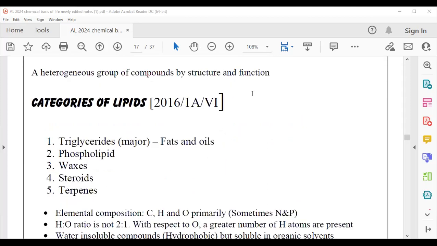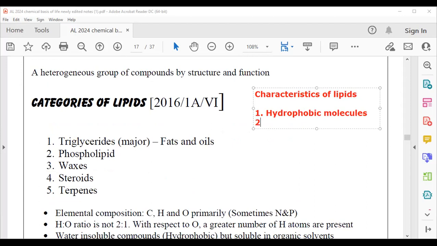Okay, here you write down characteristics of lipids. One, hydrophobic molecules. They hate water. They don't mix with water.